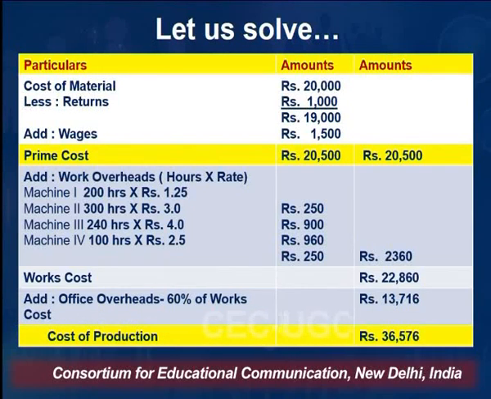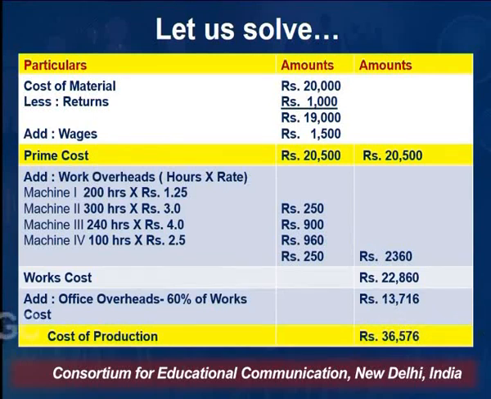It is not 20,000. Supplied material was 20,000, but consumed was only 19,000. And we have added wages to it, that is 1,500. So material and wages, all direct expenses we are adding here, and we call it prime cost. So prime cost comes to be 20,500. So in the final computation column, we shall be writing the total prime cost to be 20,500.